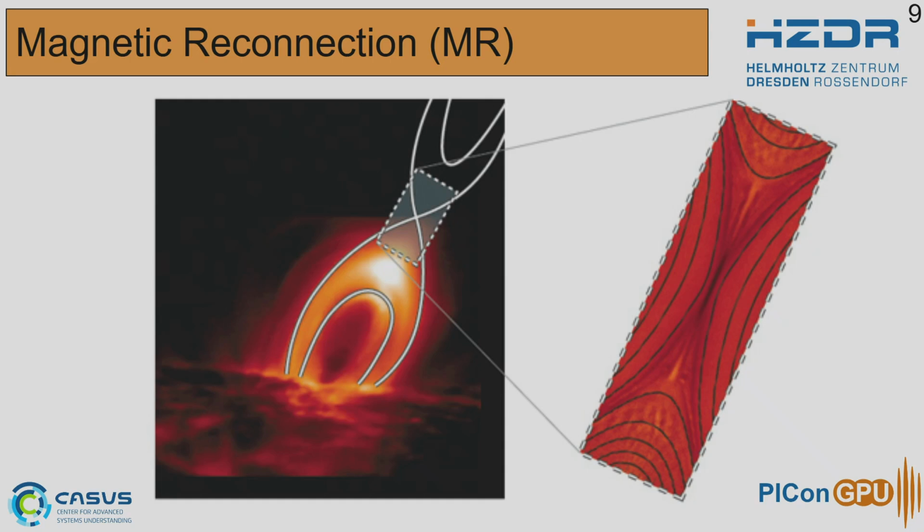And what happens there is, if you zoom into these loops, these black lines are magnetic field lines, and the red color is supposed to be the plasma density. This is approximately what it's supposed to look like. So you have magnetic field lines which go in opposite directions, and when they get close enough, the idea is, which is not actually what happens, but the idea is that they merge and then they reconnect.